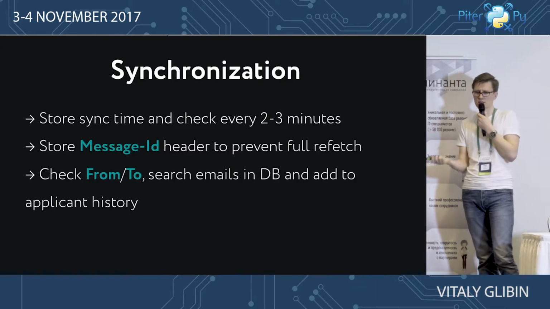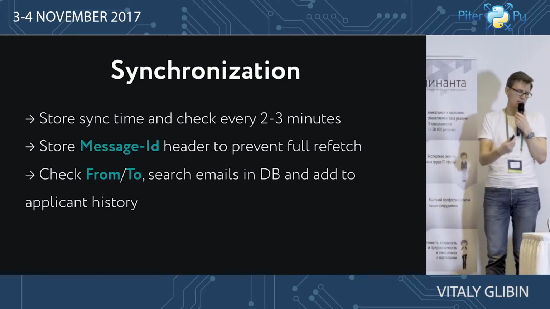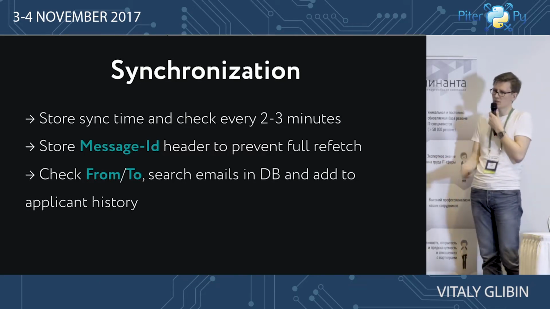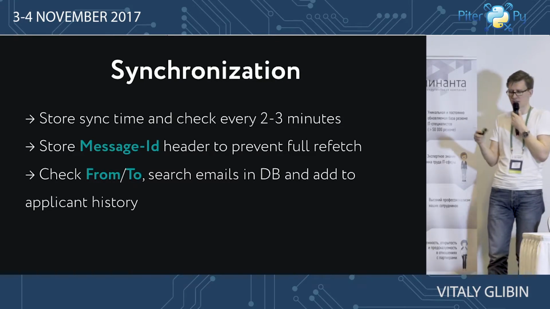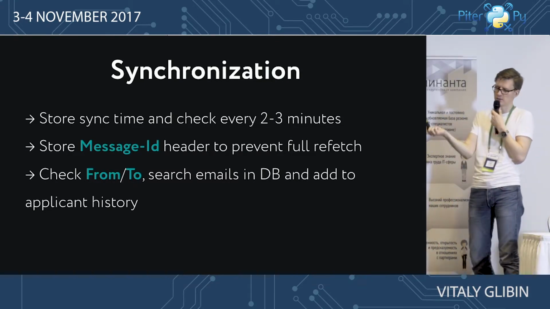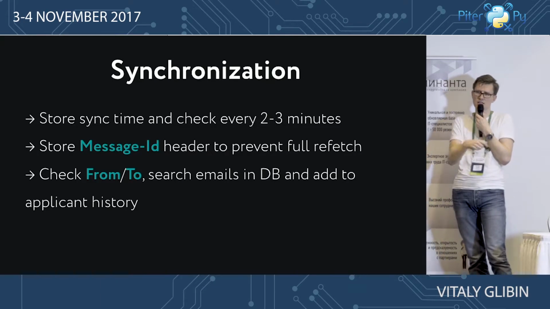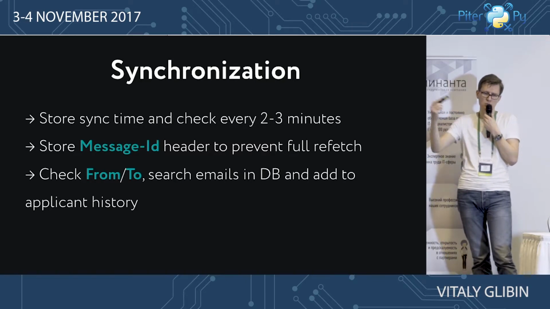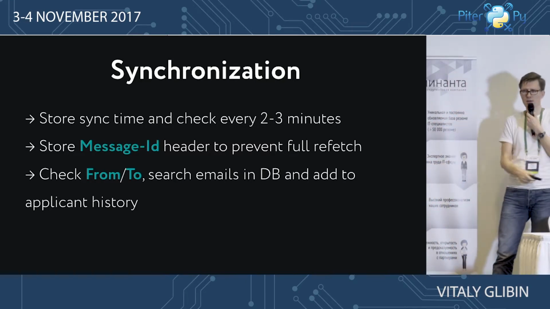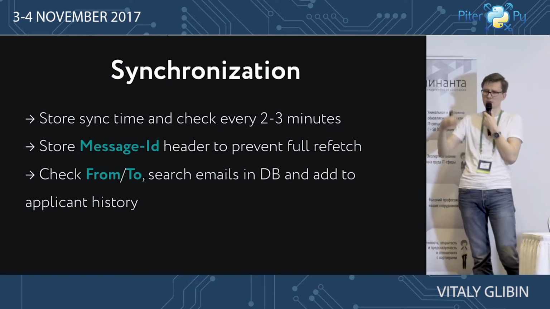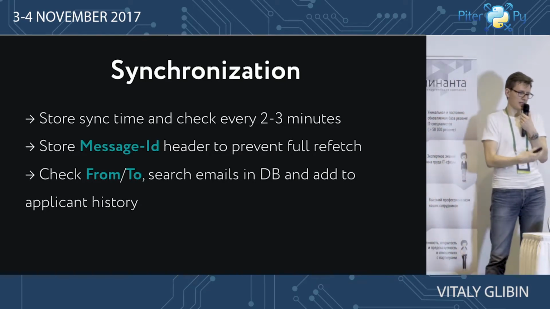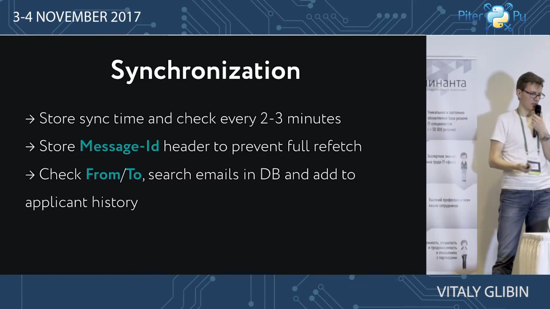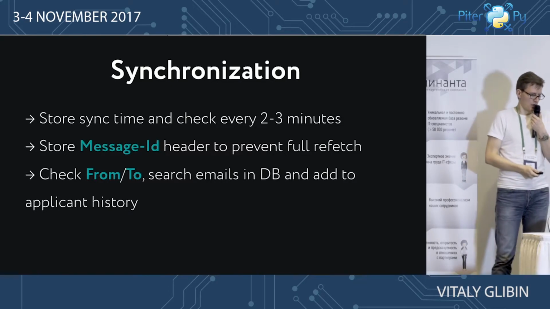Then we check if it was already synchronized. If there was no synchronization, then we do complete fetch. And then we look through the headers, we search the emails in DB, and then we add it to the chain and put it to the applicant history, so that the user can see the whole chain of correspondence in the card.